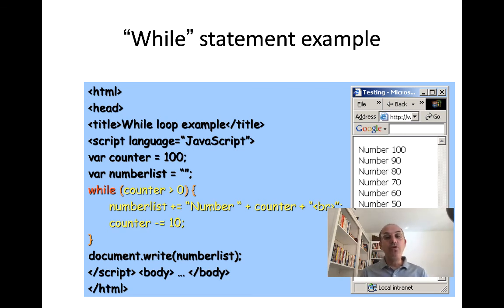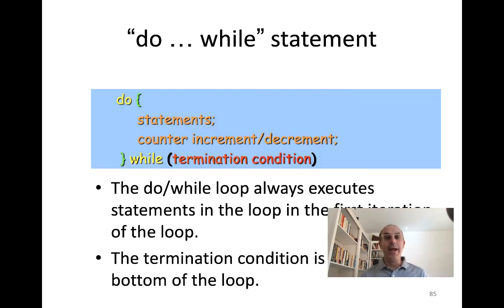It shows counter value 100 and the number list, and I will write the condition while the counter is smaller than 0, number list, and I will say number plus the counter, and I will break it at counter 10. So it will display 100, 90, 80, 70, and I will say document write document list in order for it to execute and be displayed.